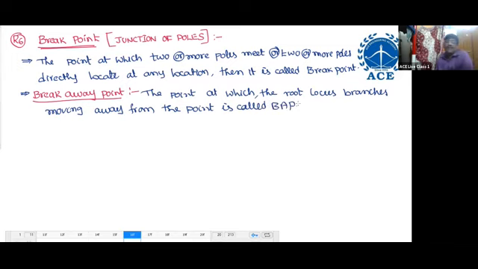BAP means breakaway point. This is the actual correct definition.